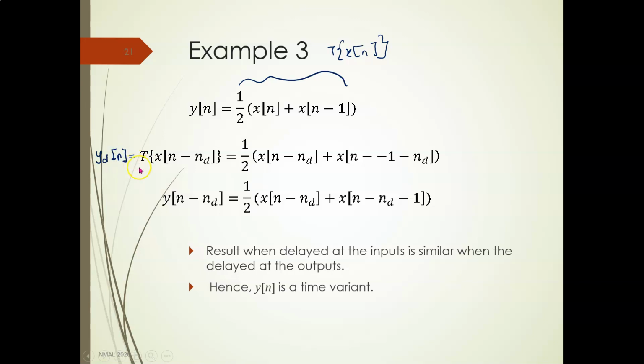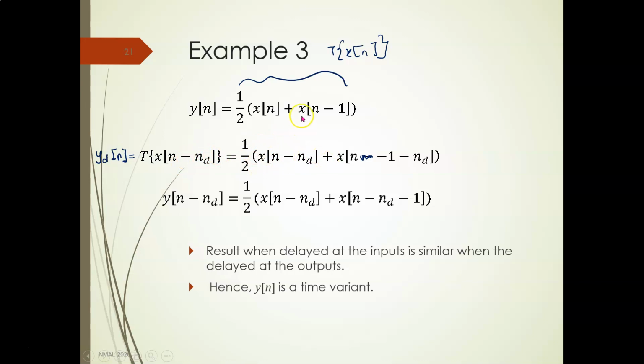So ydn is equal to the transformation of xn minus nd, in which the delay is at the input, so for each n here you put n minus nd, which is equal to 1 over 2 of x n minus nd, plus x n minus 1, minus nd, so it should be minus 1 and then minus nd. Can you understand this? It means that if the delay is at the input, you subtract nd at the input.